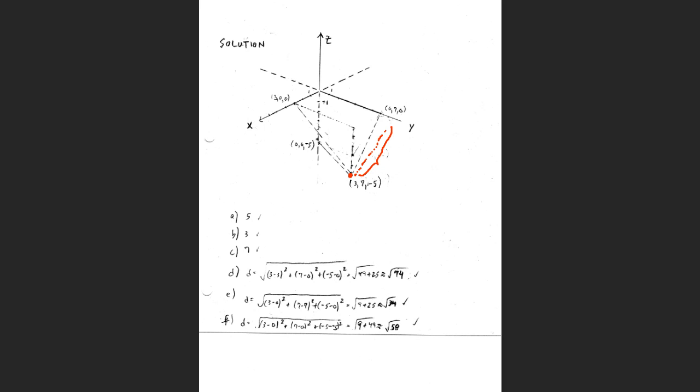You're three units away, because the x-coordinate is 3. That's a distance parallel to the x-axis. So from (3, 7, -5) to the YZ plane is just a horizontal distance of 3. Now, if you want to go to the XZ plane, the XZ plane would be about this distance.